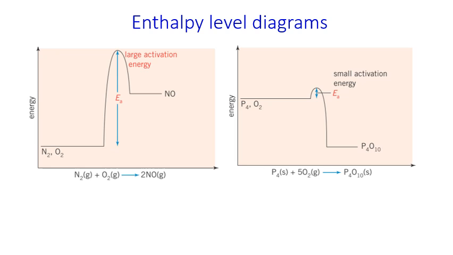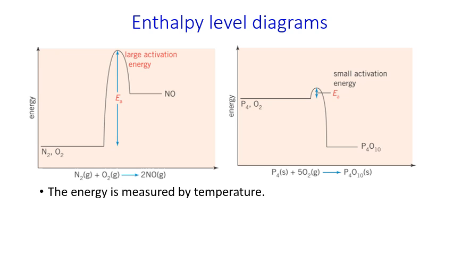Whereas for the formation of phosphorus pentaoxide, it's highly exothermic. There's more potential energy locked up in the bonds of the reactants, phosphorus and oxygen, compared to the product, phosphorus pentaoxide. So energy is actually released.